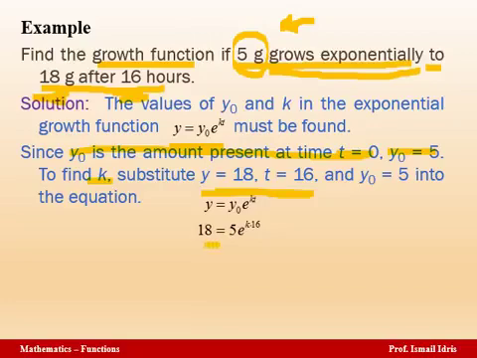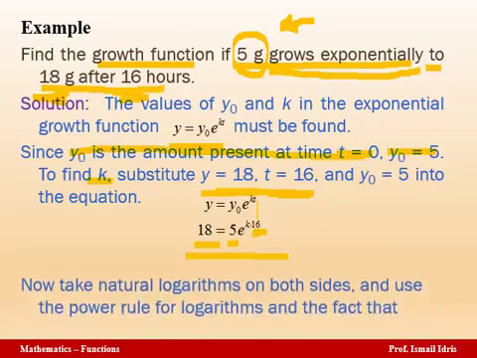So now put y equals 18, y naught equals 5, and t equals 16. What is unknown here? It is k. So we use this equation to find the constant k, which sometimes we call the growth constant. If it is positive, you have growth. If it is negative, then we call it the decay constant.